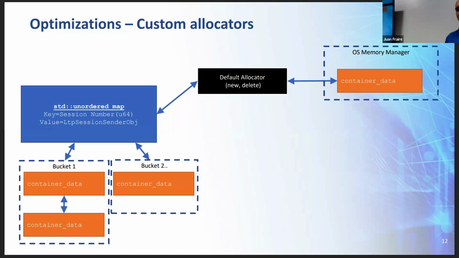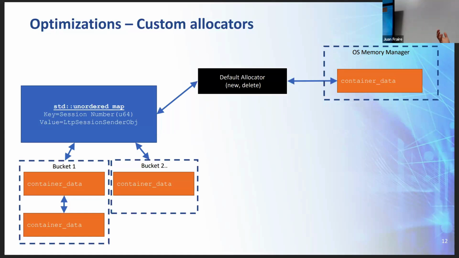And so what happens? We want to send a new bundle, so we want to create a new LTP session, and that new session is added, given a session number as a key to that hash map, and that data gets popped into a bucket, or whatever. And we're going to call that container data. The orange there we see is container data.